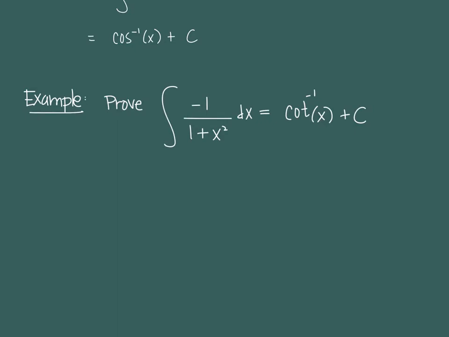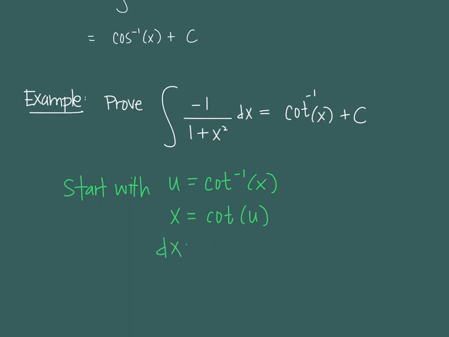All right, in the same model, we're going to start with our choice for u. We are going to choose u to be the thing that we know this is supposed to turn out to be. So u will be chosen to be the inverse cotangent of x. So then we'll isolate that so that x is by itself. So x is equal to the regular cotangent of u. And then we find the differential on that.